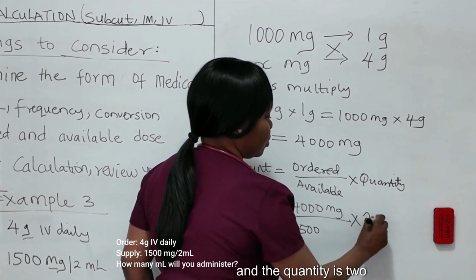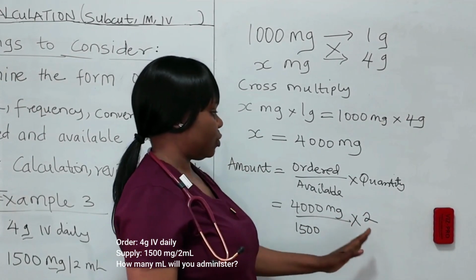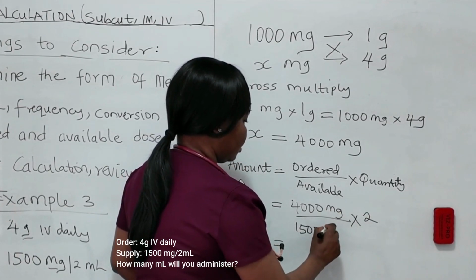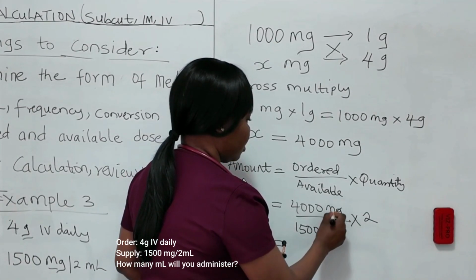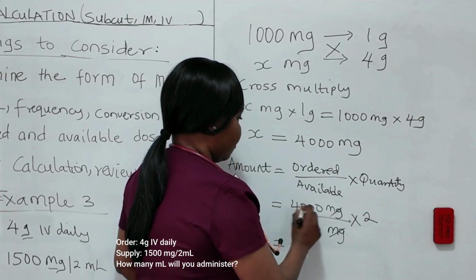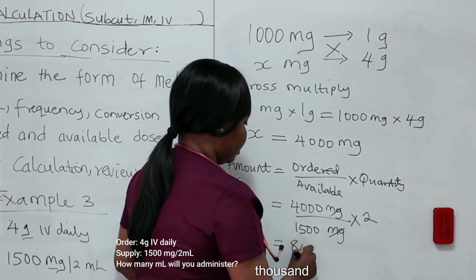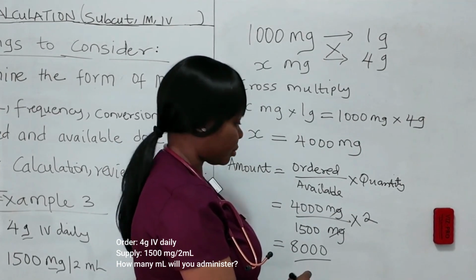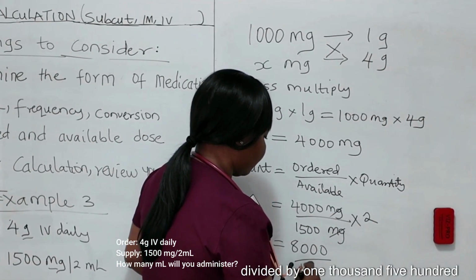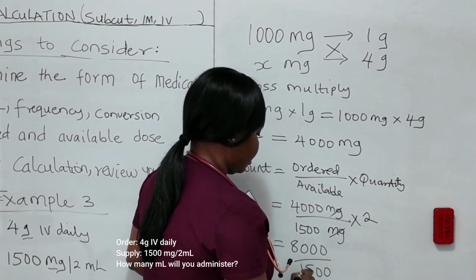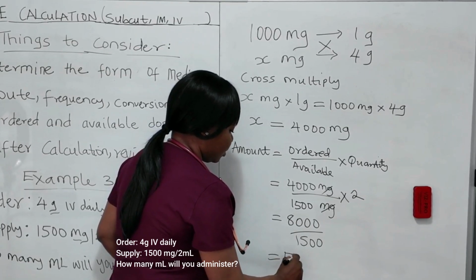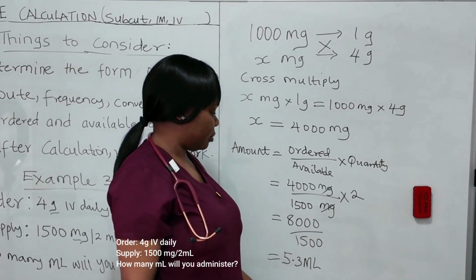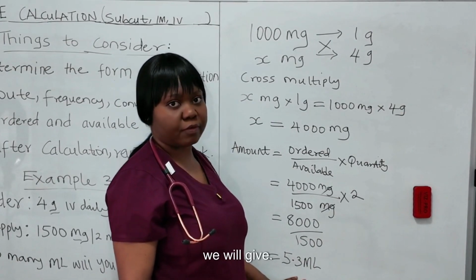And the quantity is 2. So if we do this, the 4,000 milligram will cancel. 4,000 times 2 will give us 8,000. Divided by 1,500. This will give us 5.3 mil. So this is the amount we'll give.